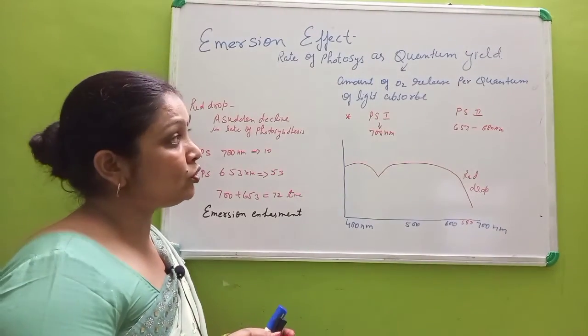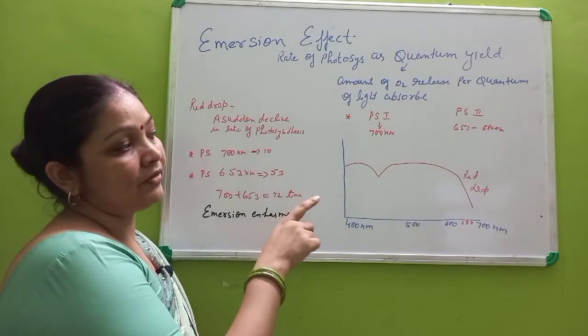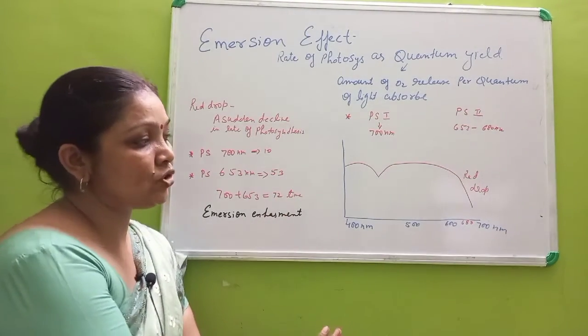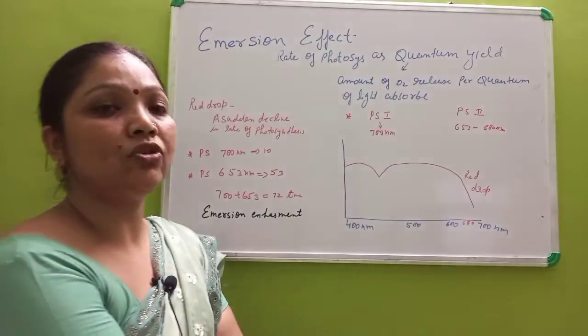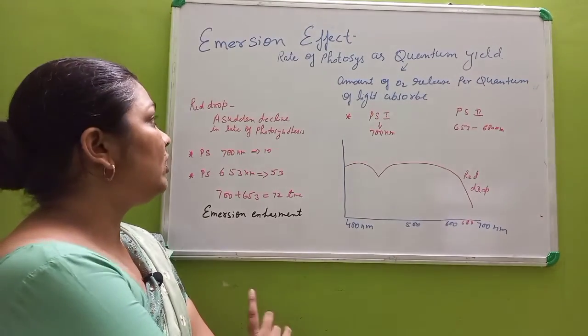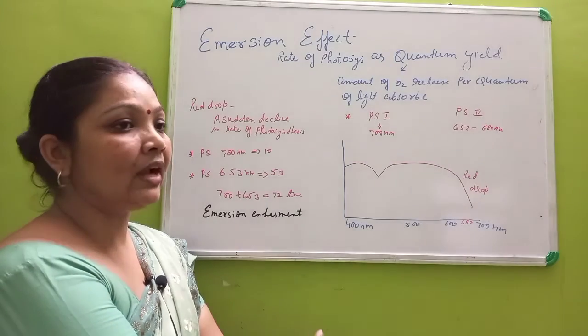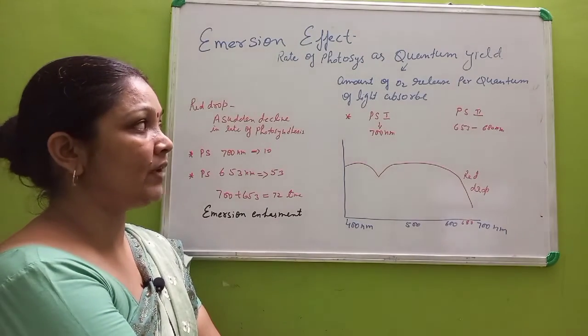And so the two things that we have concluded are that after 680 nanometer there is a sudden drop in the rate of photosynthesis, and that is called red drop. And there are two types of photosystem that help in absorption of light.